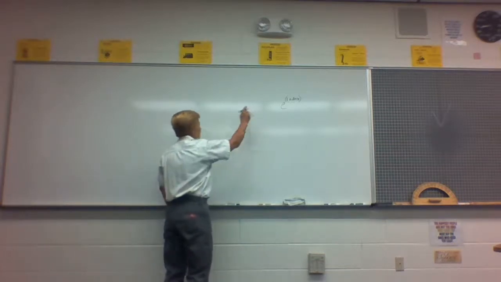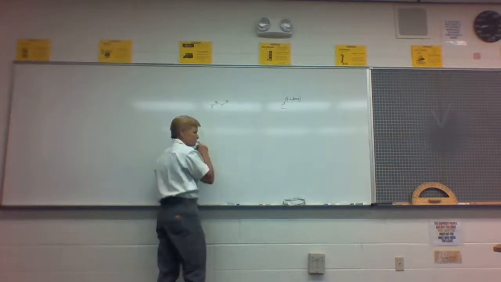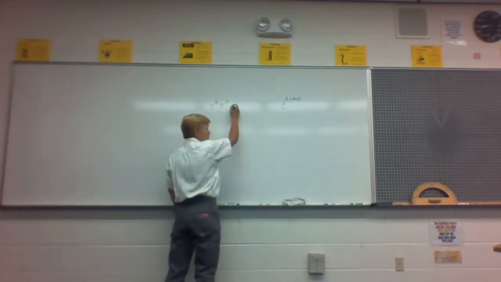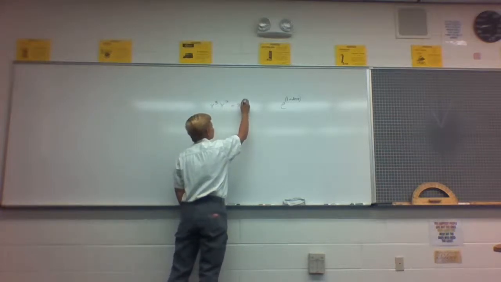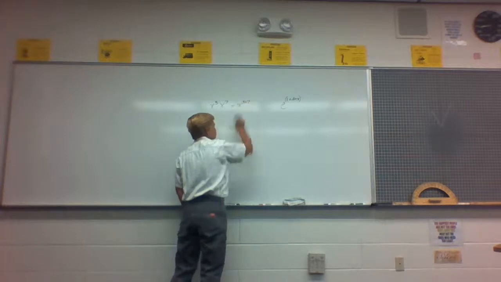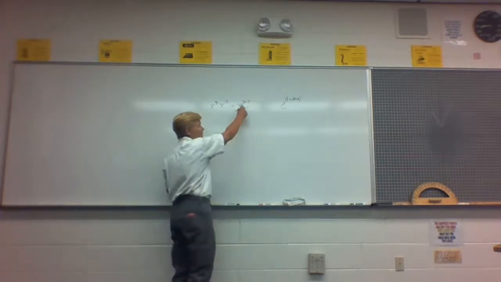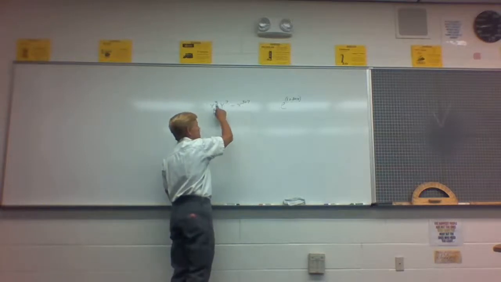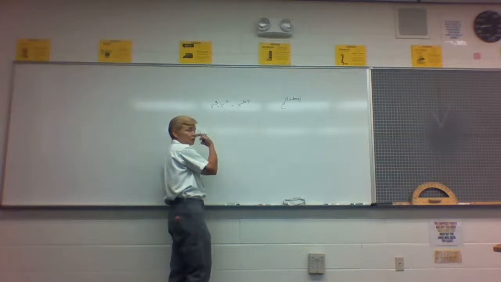Can you tell me what x to the 3rd times x to the 7th is? It's x to the 10th, not x to the 21st. In other words, it's x to the 3 plus 7. So if you have this instead, you can use the property in reverse, sticking a times in between them.